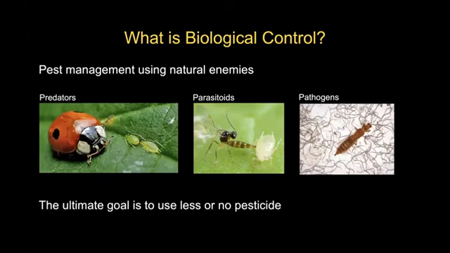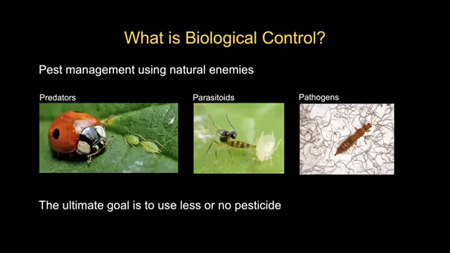These natural enemies could be predators that consume the pest, just like a lady beetle consuming aphids in the picture, or these could be parasitoids, which do not consume, but they lay eggs within the pest, and their larvae that hatch from that egg eat that pest inside out. Or these natural enemies could also be pathogens like fungi, bacteria, virus, or in this picture, nematodes. But regardless of which natural enemy we use, the ultimate goal is to minimize the use of pesticides.